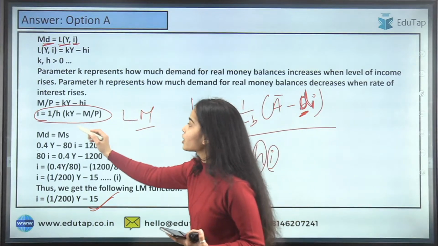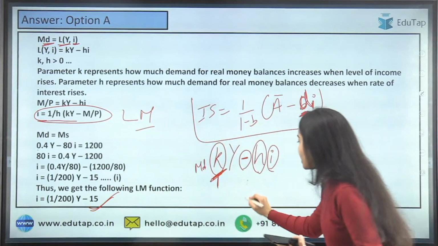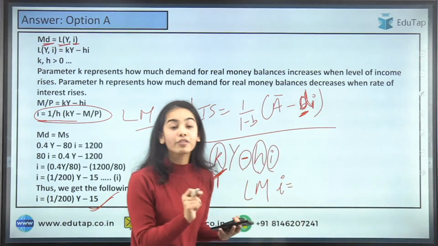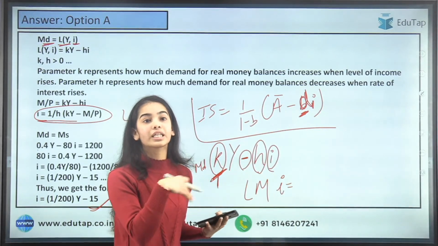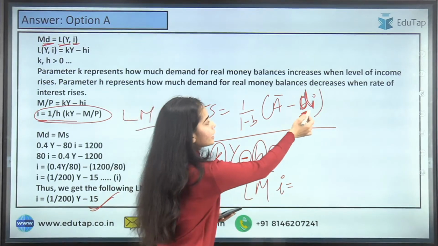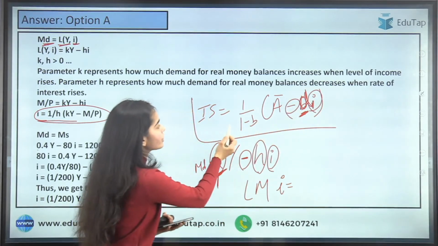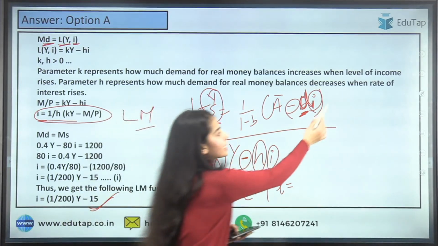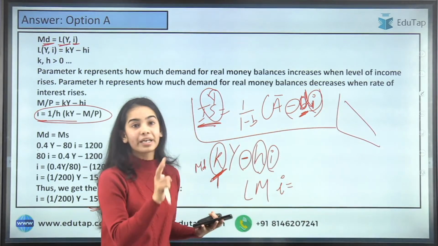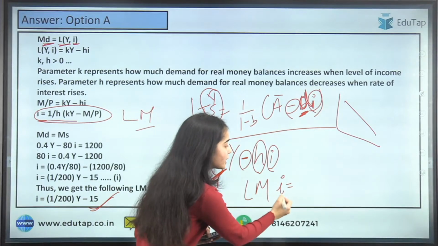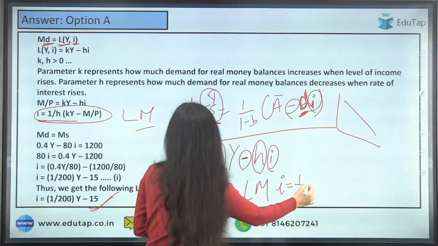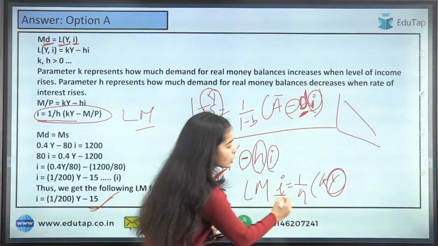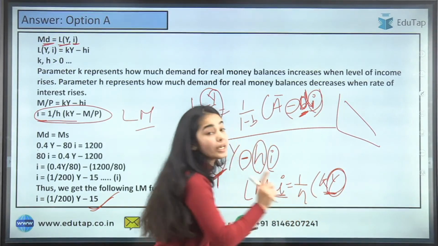From this equation, we are reaching the LM equation, which shows that I, the interest rate, has a positive relationship with the income. Here the interest rate has a negative relationship with income in the IS curve, but here I is positively related with Y. There is no negative sign.